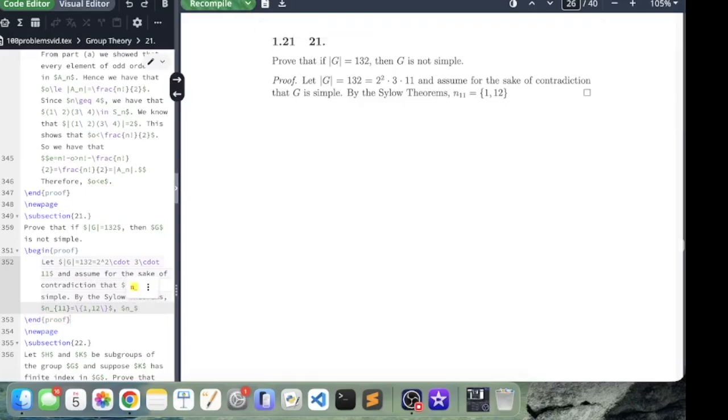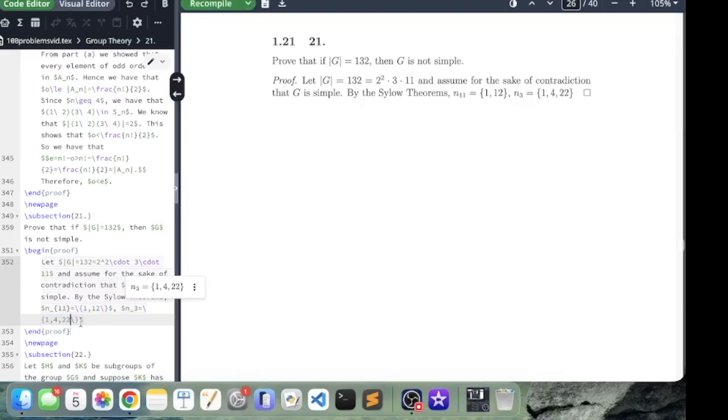For the number of Sylow 3 subgroups, it has to be congruent to 1 mod 3, and it has to divide 44. So 1 is possible, 2 is not, 4 is possible, 11 is not, 22 is possible, and 44 is not.